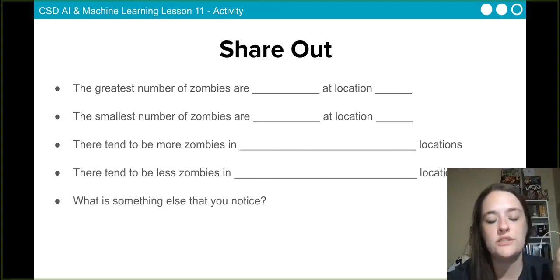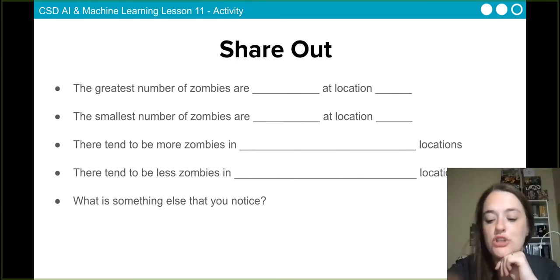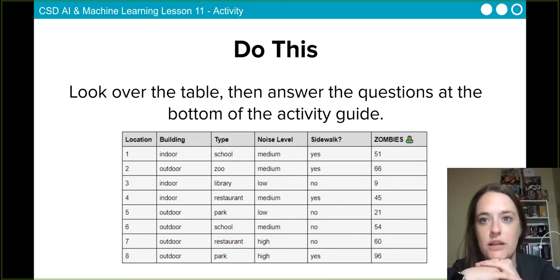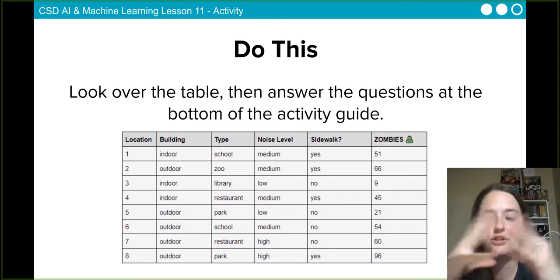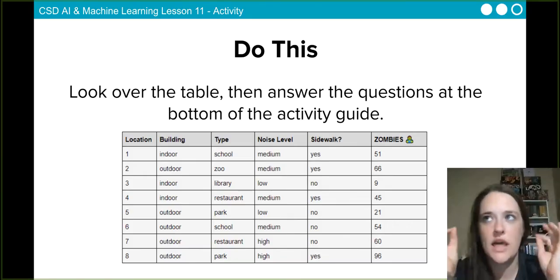I don't want us to put this on the discussion board because then it might take away some of the fun, okay? You may notice that zombies tend to group at loud outdoor areas. We already know they're attracted to noise. If you've watched The Walking Dead, Fear the Walking Dead for any half a second, you know they are attracted to loud noises.